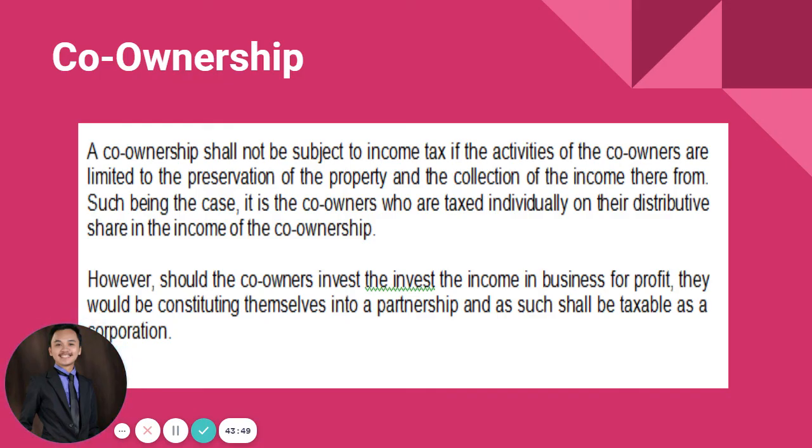Such being the case, it is the co-owners who will be taxed individually on their distributive share in the income of the co-ownership. So again, guys, if there is a co-ownership, it is not the co-ownership that will be taxed, but rather it is the co-owners who are taxable on whatever share they may derive from the net profit of the co-ownership.